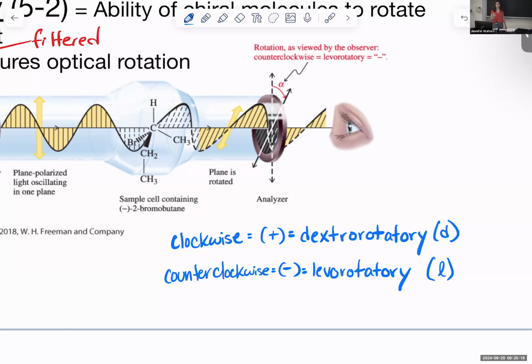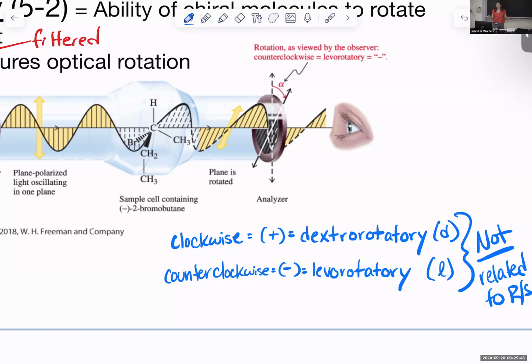These are not the same as R and S. R and S are arbitrary signs that were set by Cahn, Ingold, and Prelog, where it was just the setup of the atomic number, where you're just looking at it and trying to assign it based on the priorities.